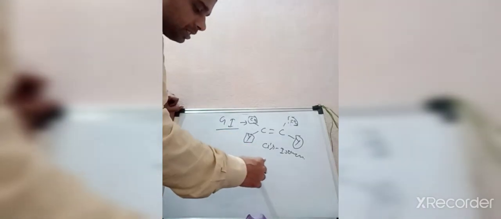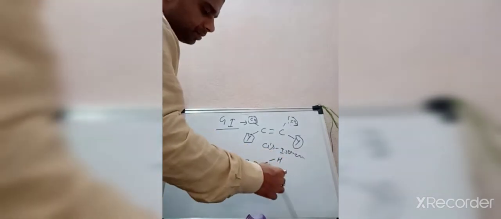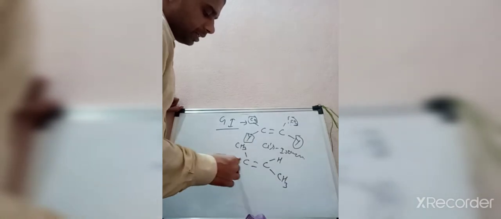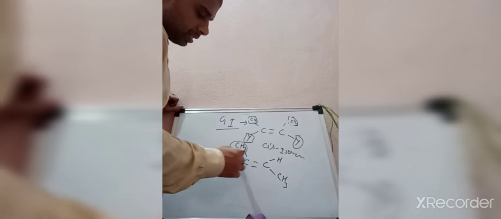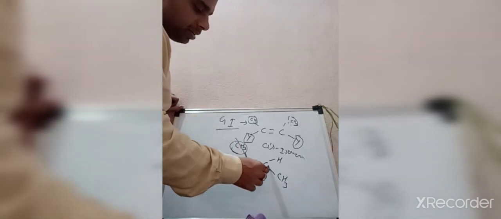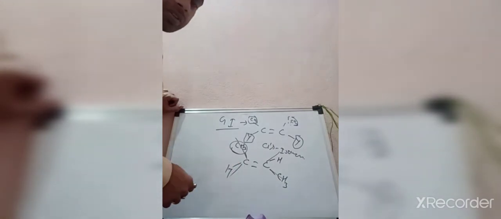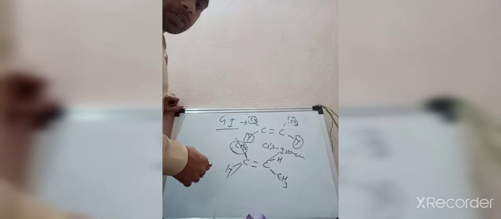But if they are on different sides, suppose I write C double bond C with hydrogen, CH3, and then hydrogen, CH3, one going upside and one going downside, hydrogen one upside and one downside, then this is known as the trans isomer, and this is trans-but-2-ene.